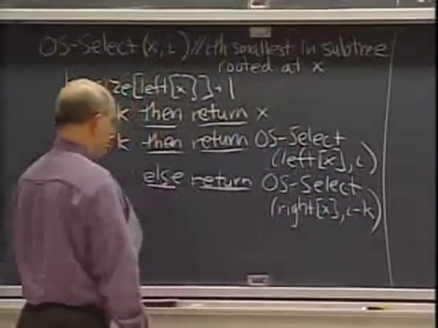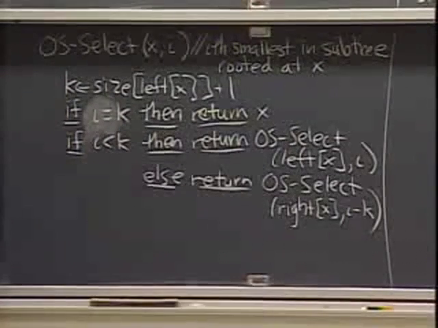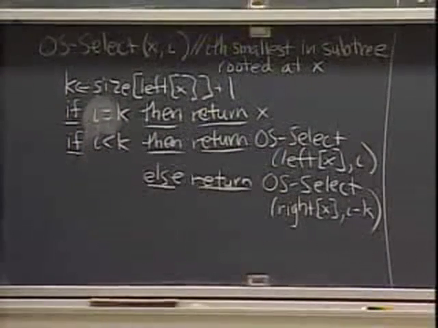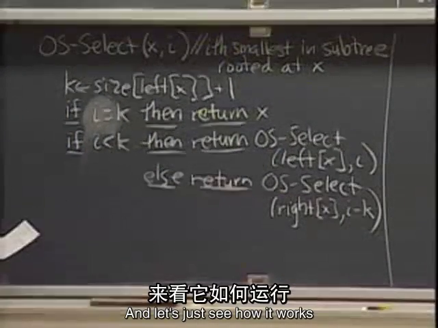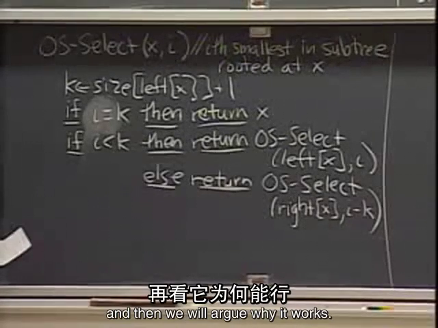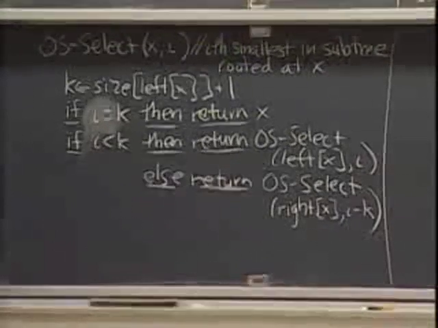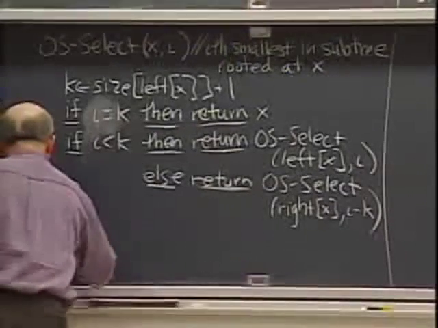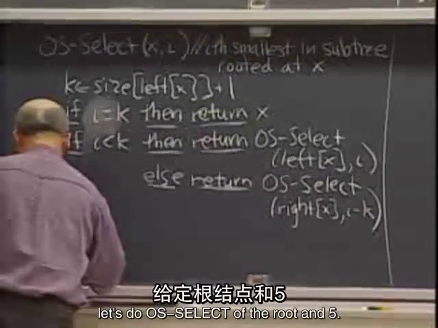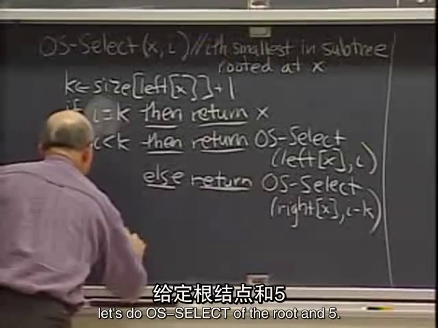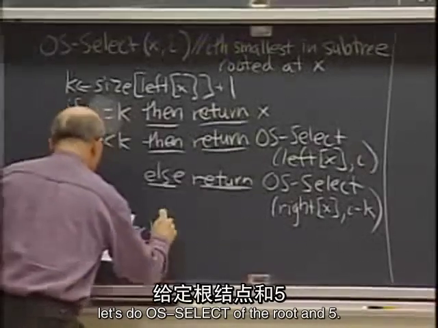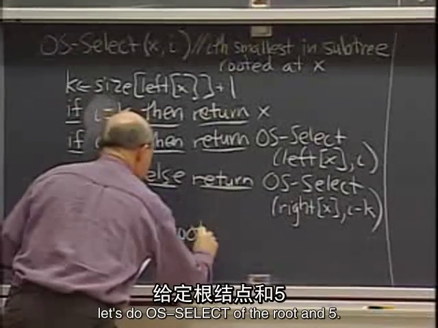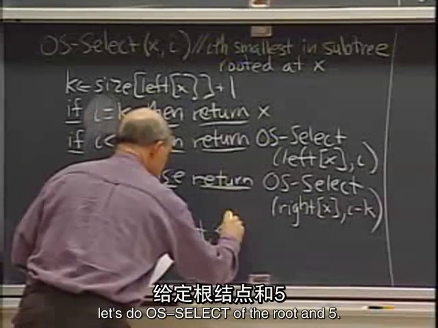Okay, so this is the code. And let's just see how it works, and then we'll argue why it works. So as an example, let's do OS select of the root and 5.